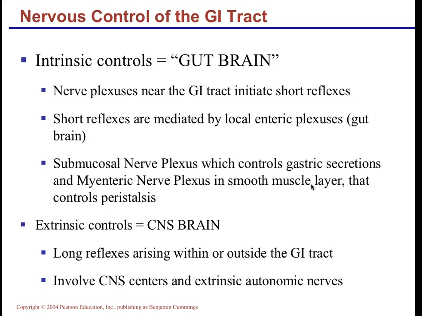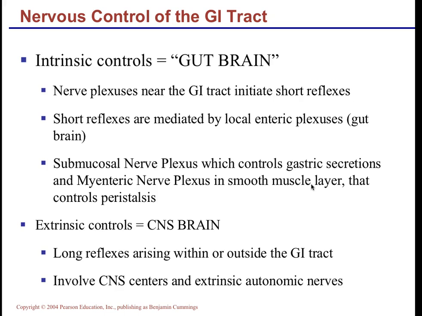So if I ate 2 stalks of celery and I ate the equivalent as far as space of steak, the celery is going to move through very quickly because there's just not a whole lot of nourishment in celery. And believe it or not, your gut brain knows.